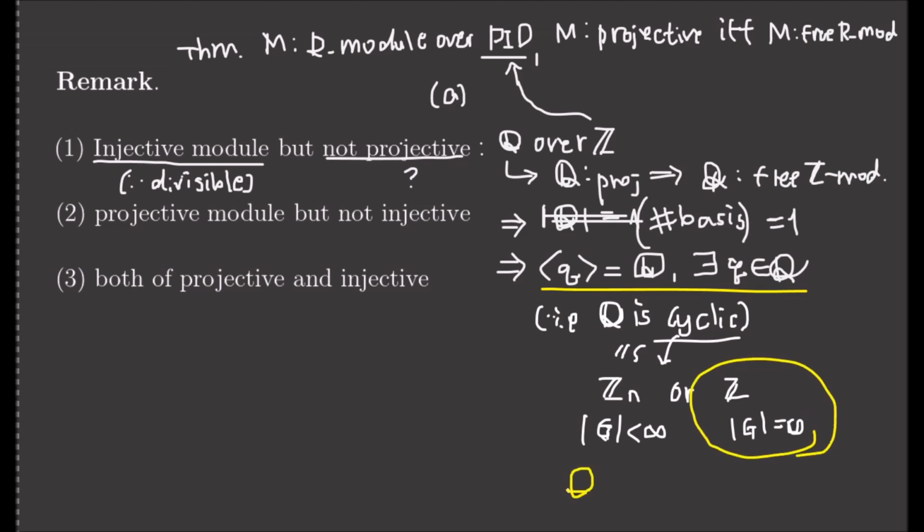So this means Q is isomorphic to Z. But this is clearly a contradiction. So our assumption that this is a free Z-module is a contradiction. Q is a non-projective module.